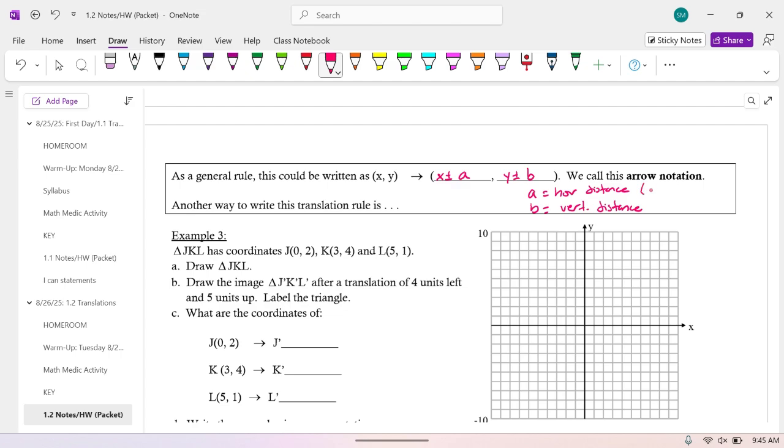And if you want to think about it in terms of slope, a would be the run, b would be the rise. That's another way you can think about it.